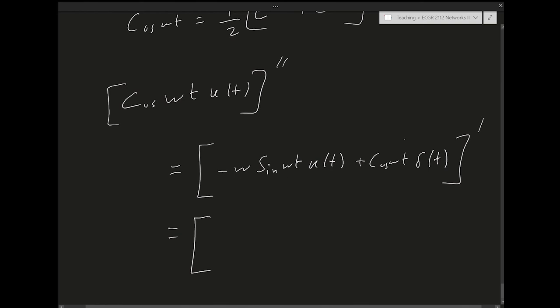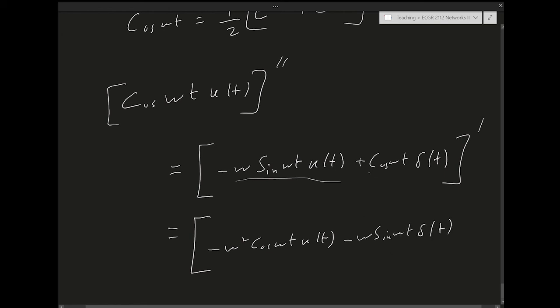Actually, it's fine. I'm going to get the right result if I keep this. I'd always rather put in 1 instead of cosine omega t at the end rather than at the beginning. So if I differentiate this term, I end up with minus omega squared cosine omega t u of t, and then using the product rule, I'm going to have minus omega sine omega t delta t.